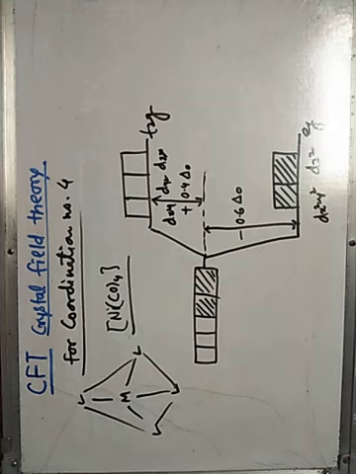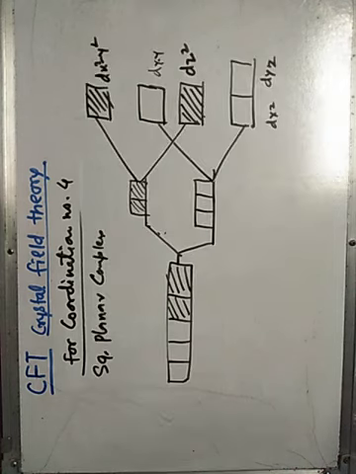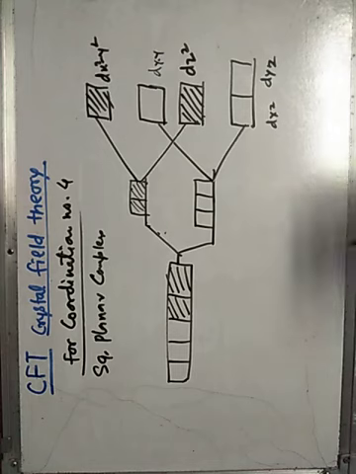Alright, so let's see the construction of the square planar complex and how the splitting is going on. Well, you see that it's a different case. If we have a complex whose construction is square planar, then the d orbitals split this way, right?